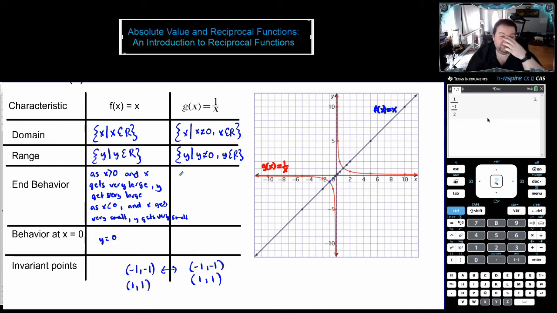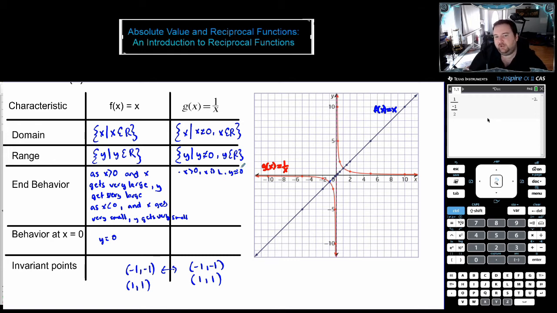What's the behavior? This one's going to get a little tricky, right? We're going to have four things going on here. As x becomes large, when x is greater than 0 and x is large, I'm just going to write capital L, like 1,000, what happens to y? y is going to approach 0.